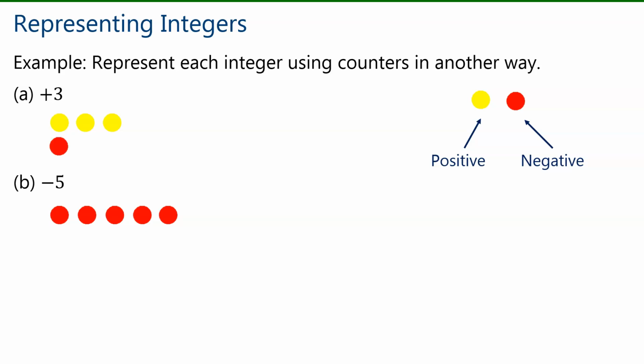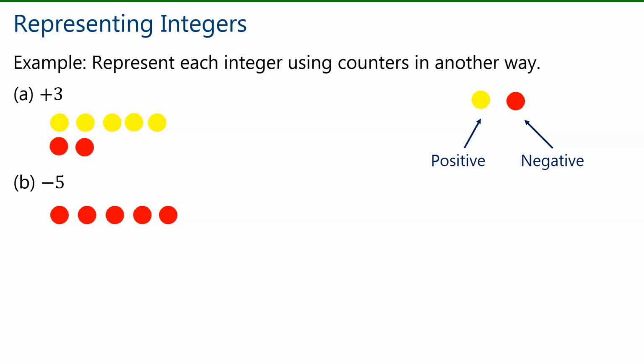Let me add on a couple of negative counters. Well, since these are zero pairs and that equals 0, really what I have now is a +1. So if I want to represent +3, I can add on a couple more yellow counters. So here we have a different representation of +3.